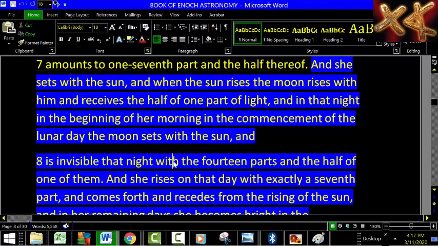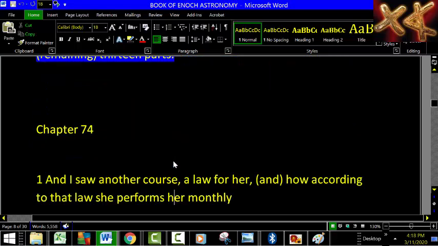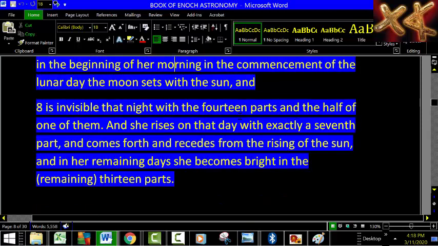All right. Then he goes on to say, "And she rises on that day with exactly a 7th part and comes forth and recedes from the rising of the sun. And in her remaining days, she becomes bright in the remaining 13 parts." Okay, now what that's talking about is the sliver of the moon. See where it says right here, exactly a 7th part.